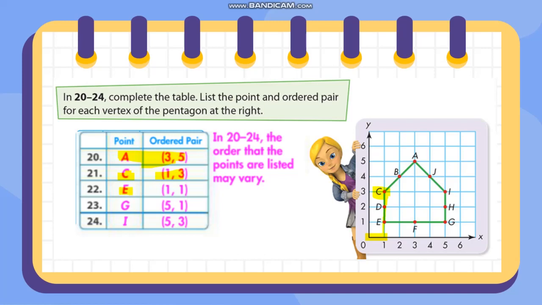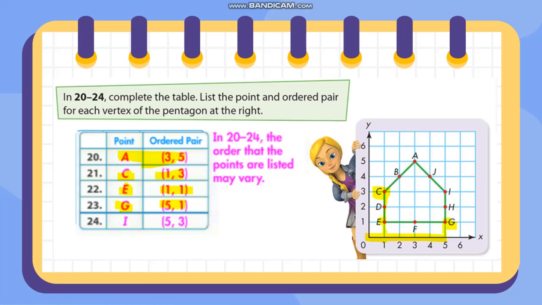Next, letter E or point E. Point E is this, so that is from the point of origin, move 1 unit to the right and move 1 unit up, so that is 1, 1. And letter G, this is letter G, so from the point of origin, I need to move 5 units going to the right and move up once, so 5 and 1 is the ordered pair.